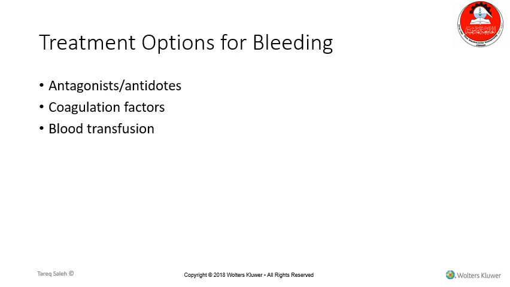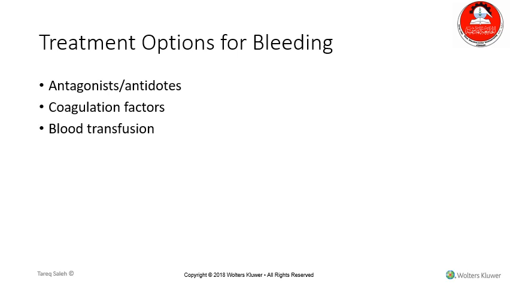For the treatment of bleeding caused by toxins or drugs, we have several antagonists or antidotes that can be useful, and we will discuss those in a minute. But always remember that the last resort and sometimes the most efficient way to treat acute hemorrhage, especially in the emergency setting, is through blood transfusion.